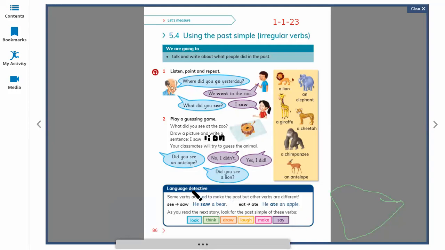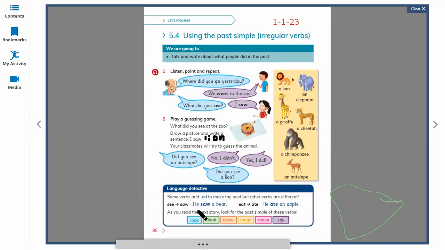Okay, language detective. Some verbs add -ed to make the past, but other verbs are different. So today we are going to learn those verbs that are different. That is why they are called irregular verbs. What we have to do is change the spelling.